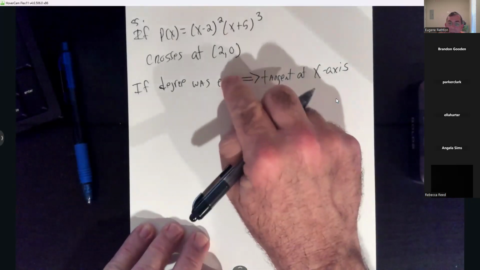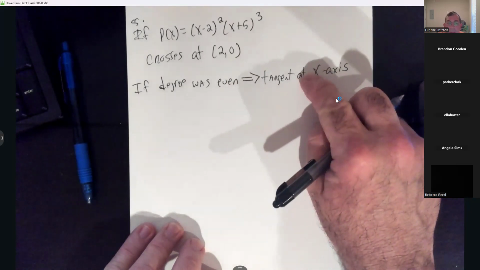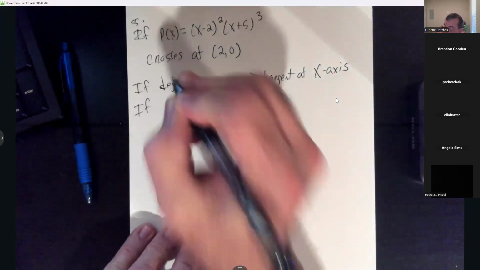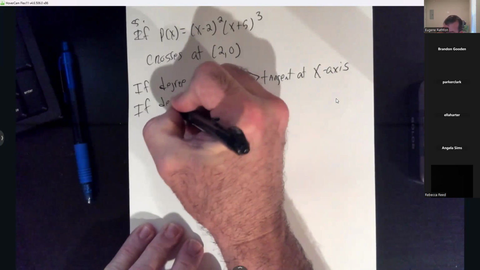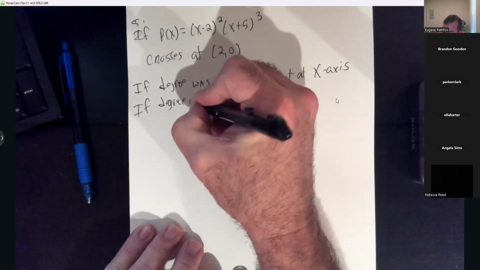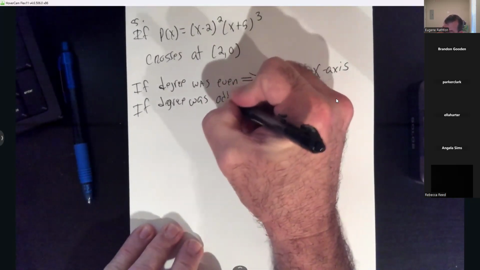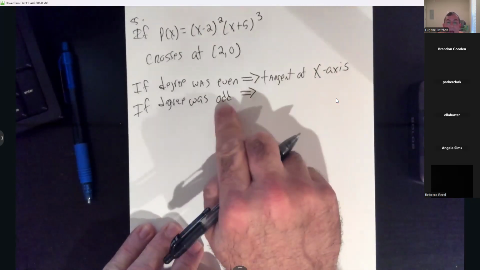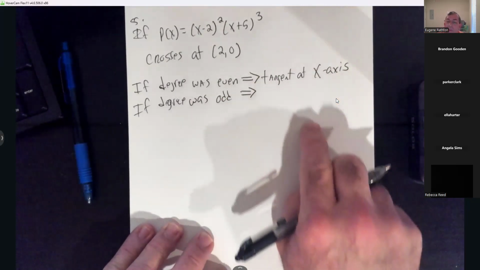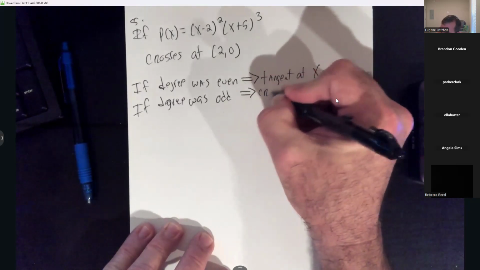So it's not going to cross, it's just going to come down, touch it, and then turn back up. If it had an odd degree, then it crosses right over the x-axis.